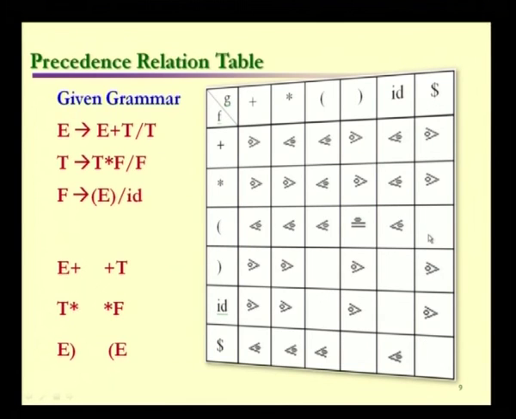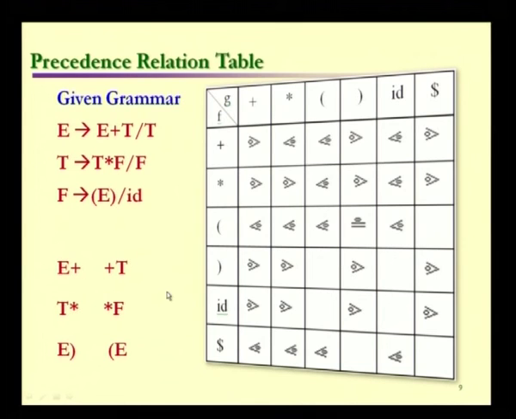And one important thing here is that we find an additional column called dollar, both row wise and column wise. So, there is a need for it, as it marks the beginning of the parsing process as well as the ending of the parsing process. When you begin the parsing, we will not have anything in the stack. So, we must say that there exists a terminal which denotes nothing has been recognized so far.